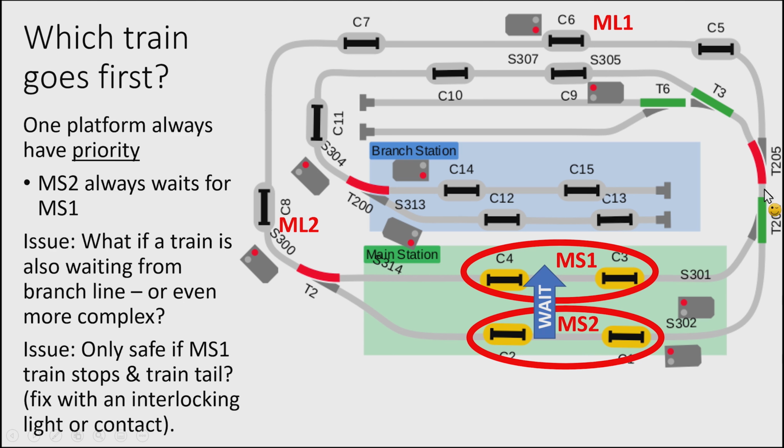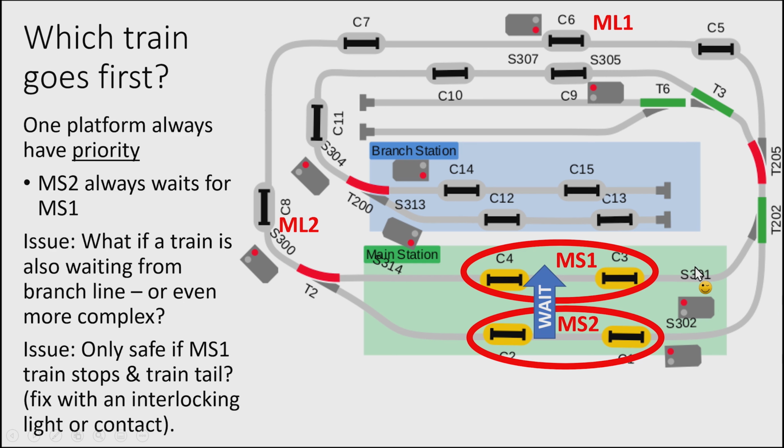Remember, I didn't have any wait on platform 1, so maybe MS2 is moving out, maybe it hasn't made it up to C5 yet, so the train at MS1 will not detect that after the turnouts is not free yet. So it could be on its way to the turnouts or in the turnouts. And if MS1 just thinks, oh, everything is good, it could continue.